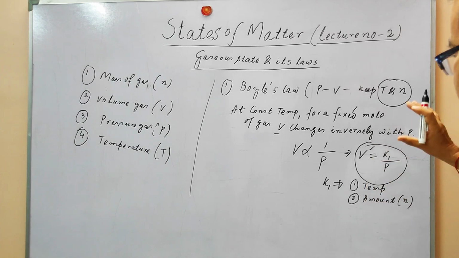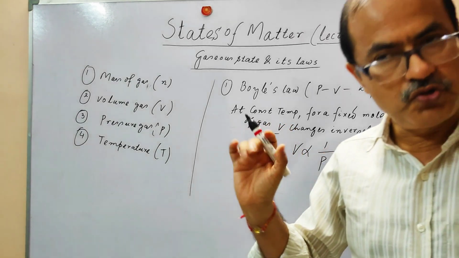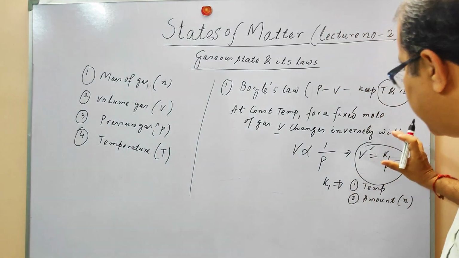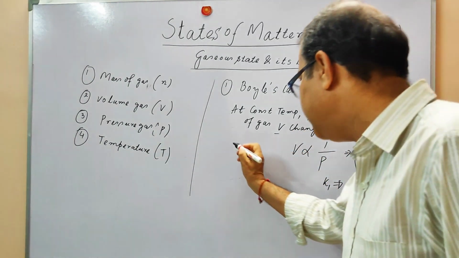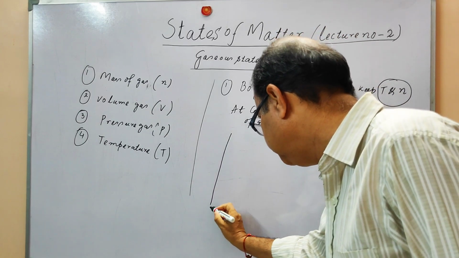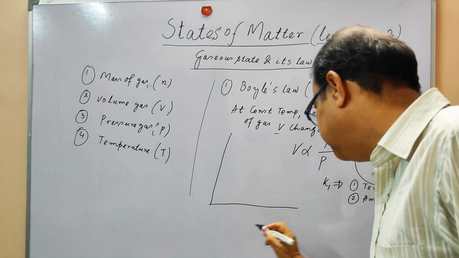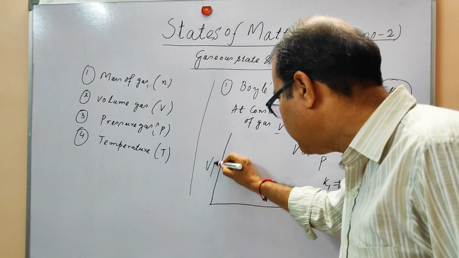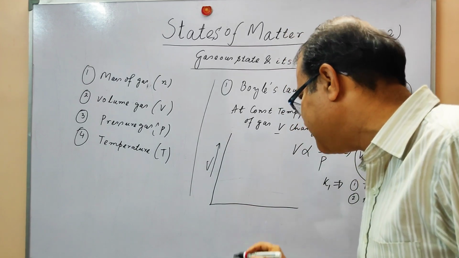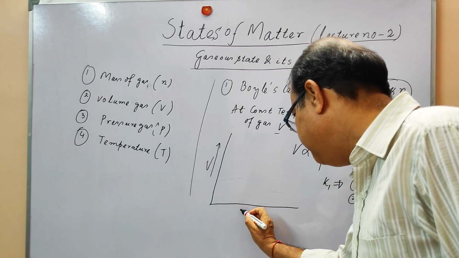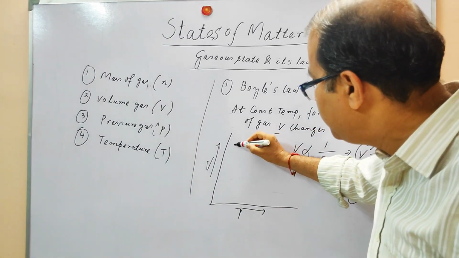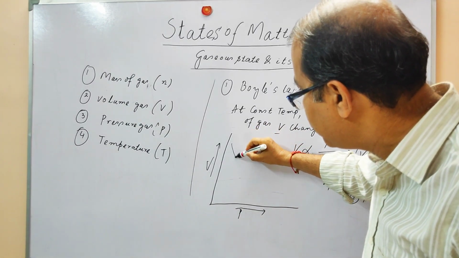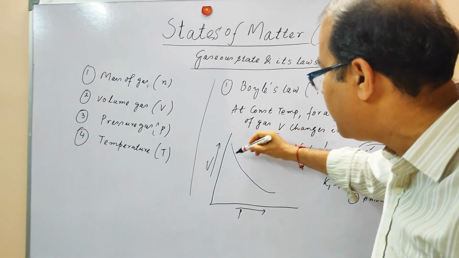So this is the equation of Boyle's law, and it can be represented graphically. How can we represent it? Let us see. We keep the volume on the y axis and pressure on the x axis. Then we will observe a very important thing: this type of curve will be there.